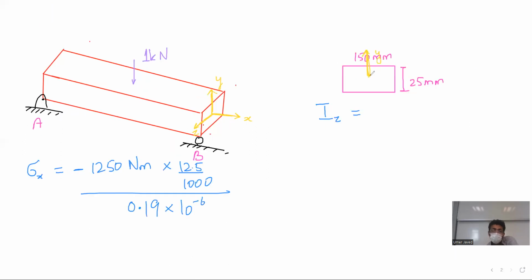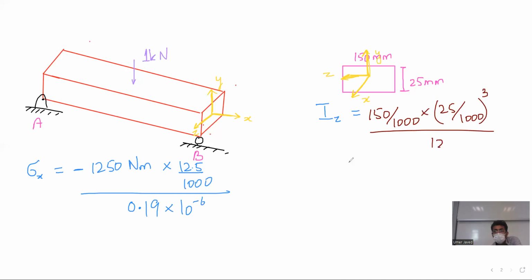This is our, if I'm looking from here, z-axis, and x towards us. Okay, this is our x, as one of the students said. So Iz equal to b h cube divided by 12. Everyone is getting the same answer? 0.19.